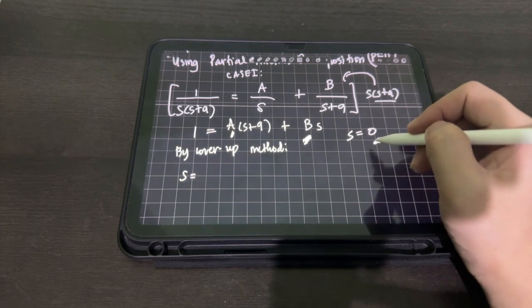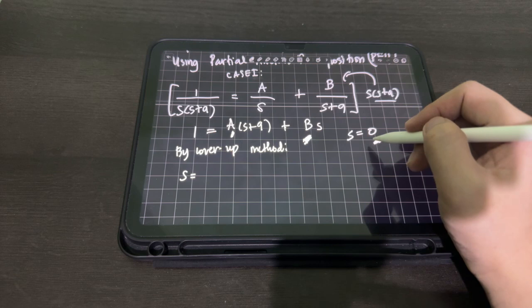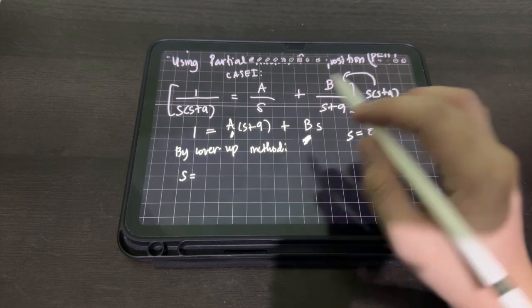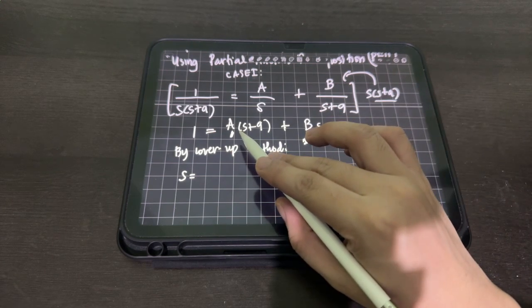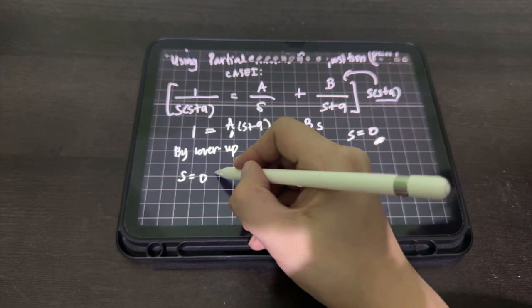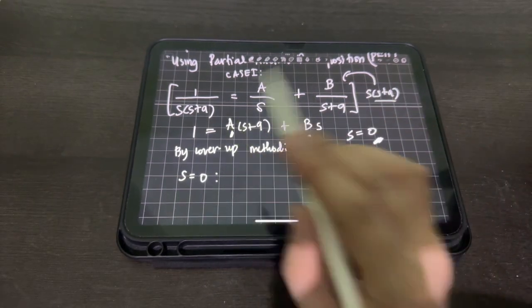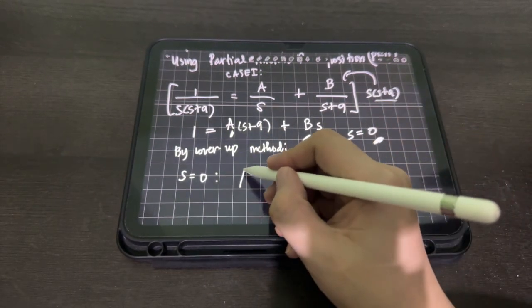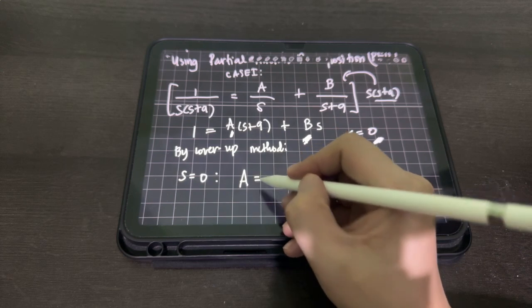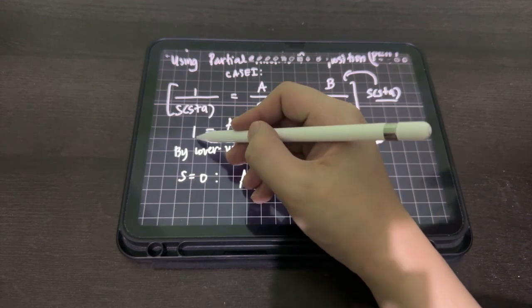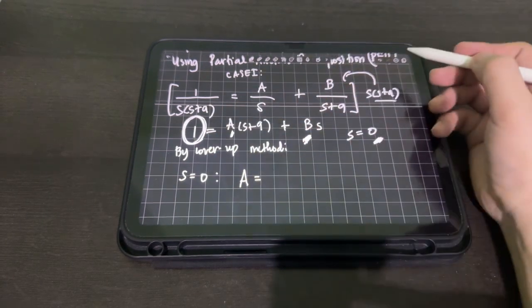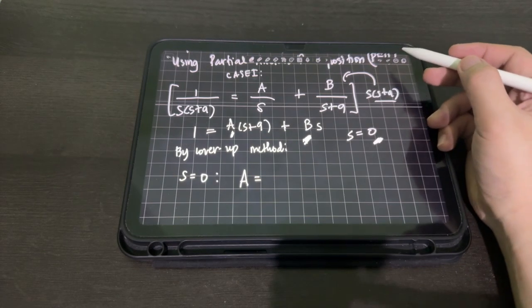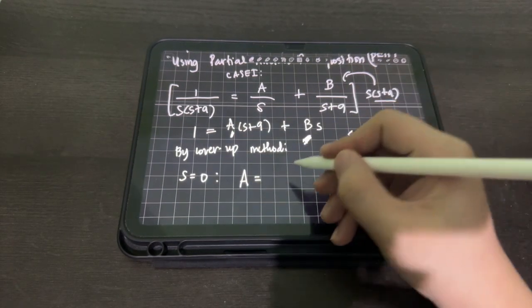So therefore, this is the value of S that we want in order to obtain the value of A. So set S to 0, and what will be the formula for A now? Setting S to 0, the formula for A is whatever the expression on the left side is, which is 1.